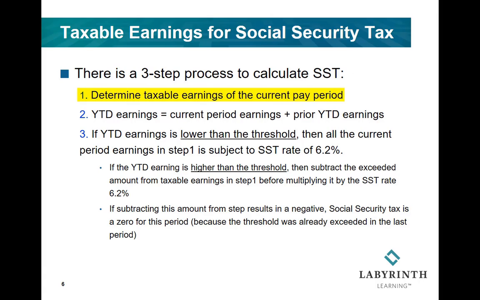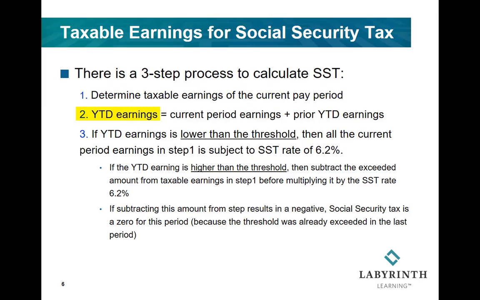First, determine the taxable pay of the current pay period subject to Social Security tax. We know from the previous slide it includes 401k contribution, but excludes cafeteria plans like the flexible spending account.